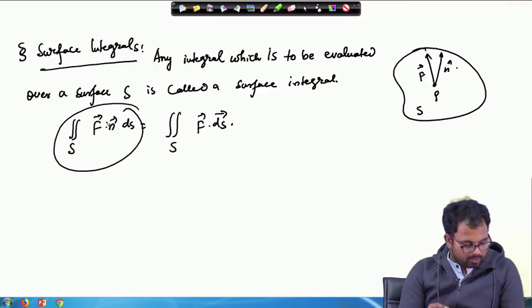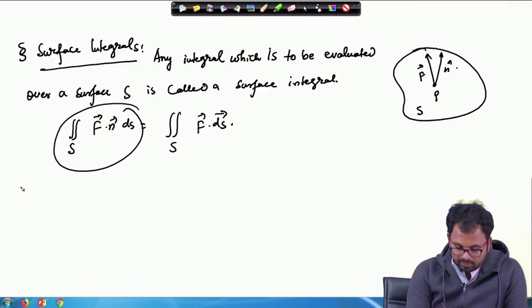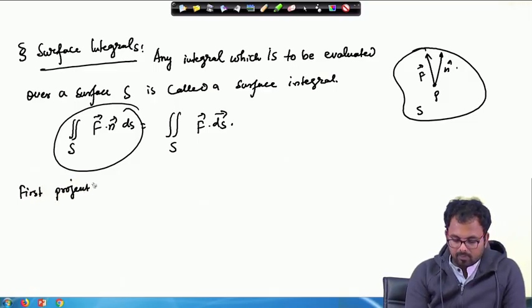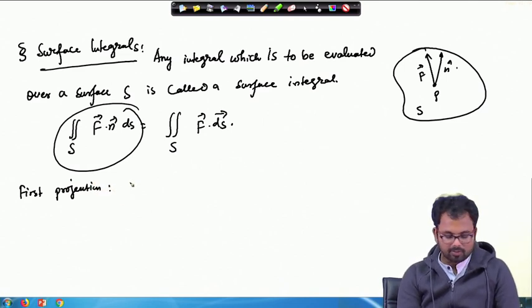All right. So here we have f dot n. The first projection, let us say we are projecting on the xy plane.